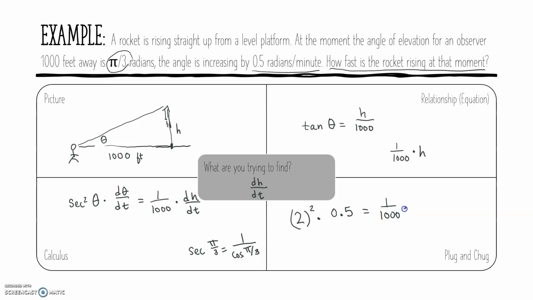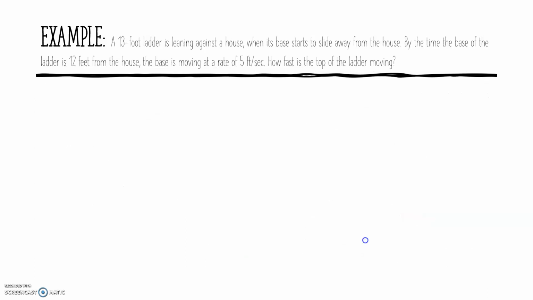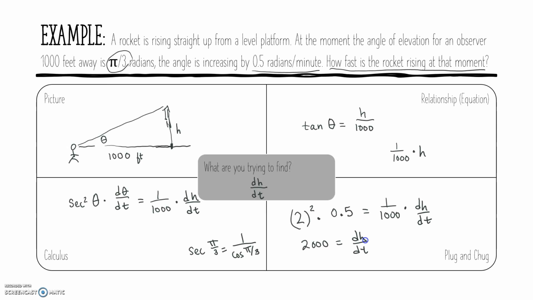And then dh dt is what we're trying to find. So we'll multiply both sides by 1,000. So we have 4 times, so 2,000 equals dh dt. Put a box around that. If I were looking for units, I would say feet per minute.